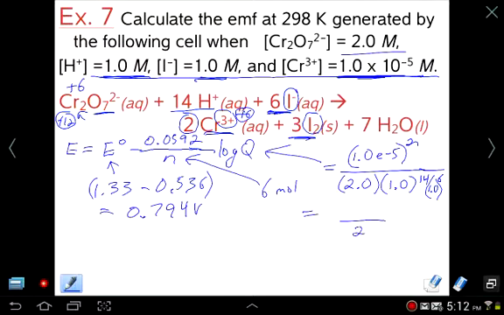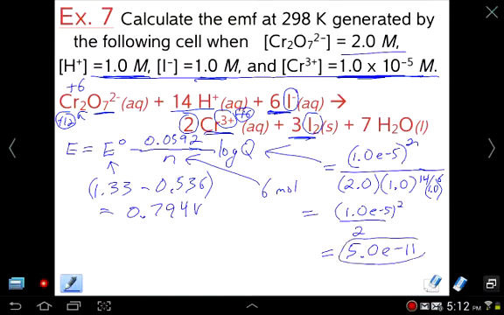So we're just dividing 1.0 times 10 to the negative 5th squared by 2. So this should give us a value of 5.0 times 10 to the negative 11.